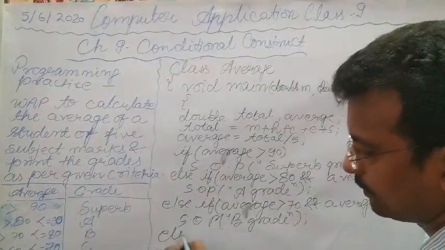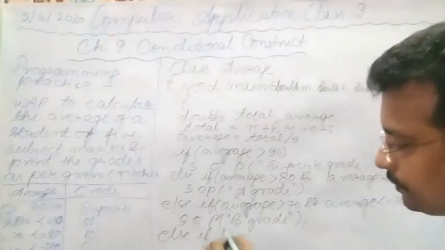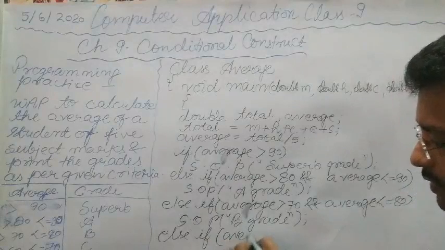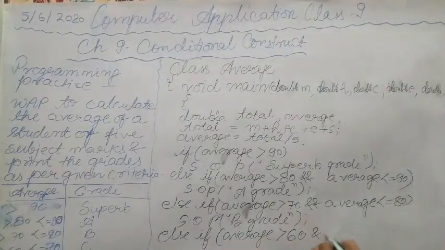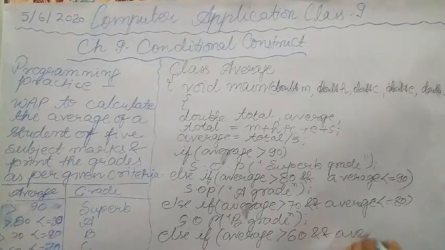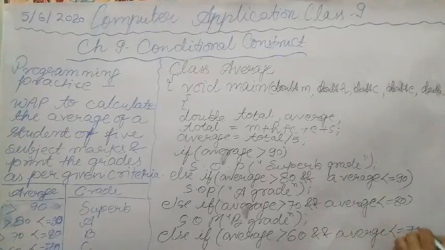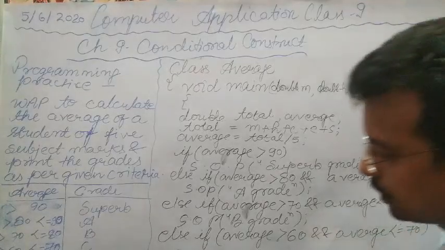Else if average is greater than 60 and average is less than or equal to 70, so C grade.